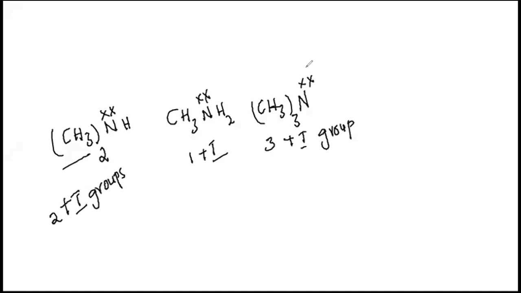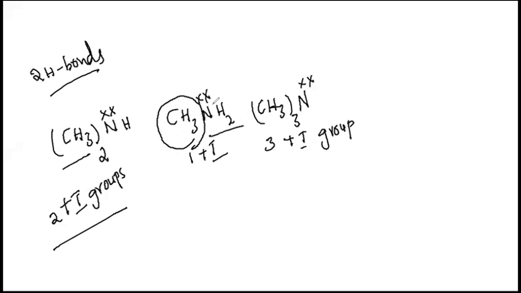Now I can say why we selected this. Because of the protonation of this secondary amine, we can expect 2 hydrogen bonds here and 2 I groups. But here only 1 I group. Because of protonation, this NH2 becomes NH3, so we can expect 3 hydrogen bonds. 1 I group, 3 hydrogen bonds.